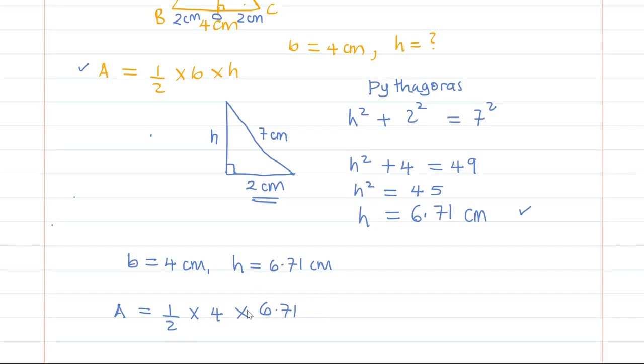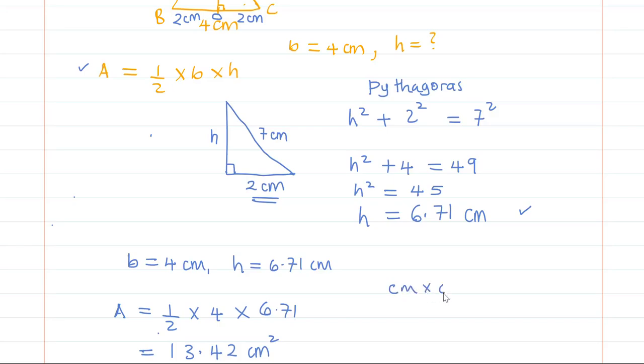Press the calculator. I'm getting 13.42 centimeters squared. Remember, this is area. 4 is in centimeters. 6.71 is in centimeters.